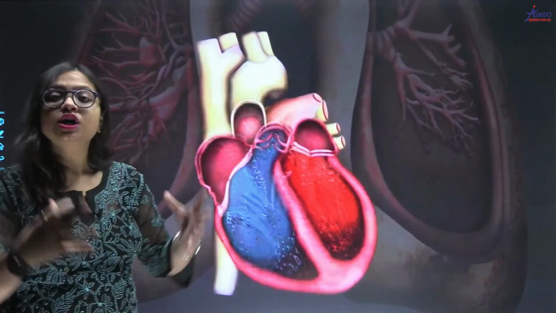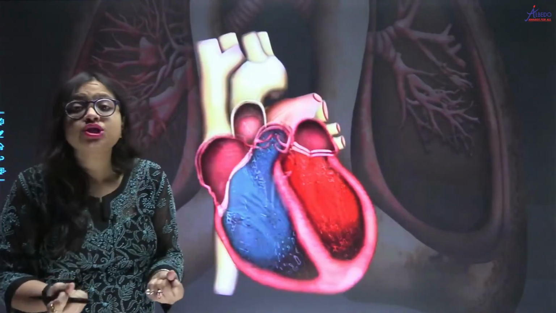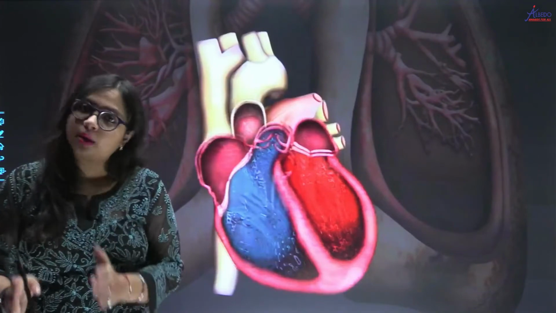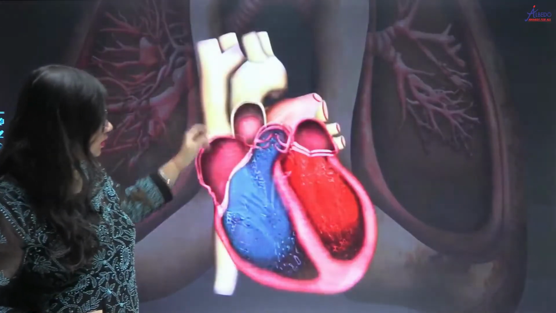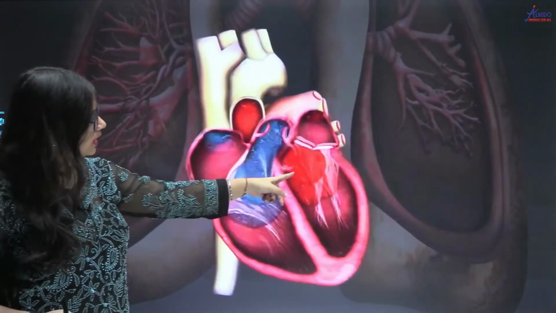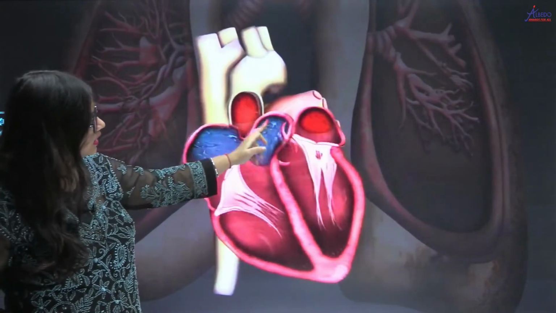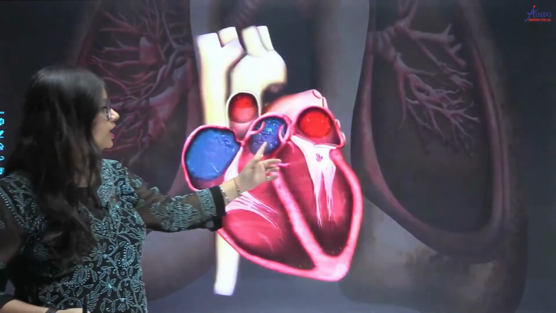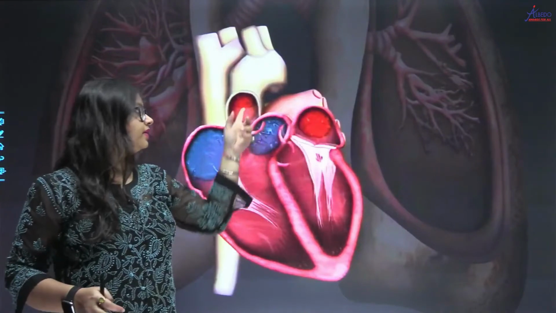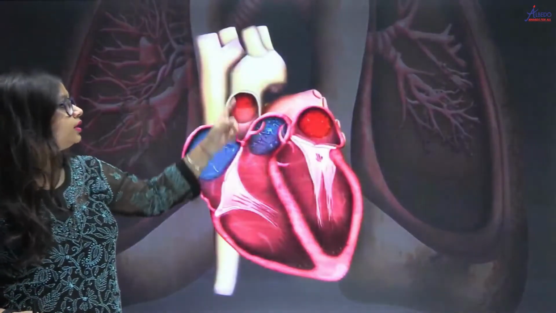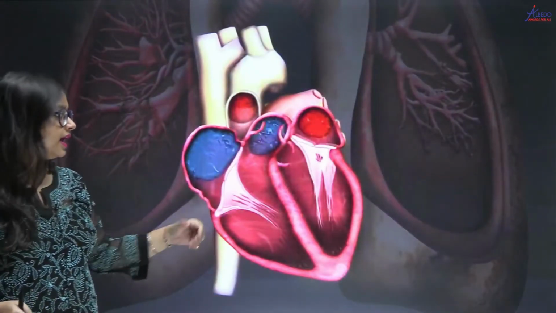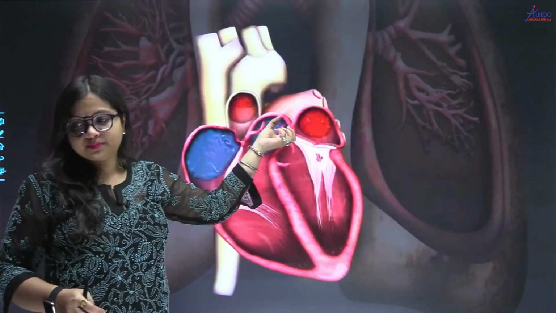These will open, so that the ventricles can push the blood into the aorta and the pulmonary vein. See, right? So these open, and the blood is pushed into the aorta and the pulmonary vein. This is your aorta and this is your pulmonary vein.